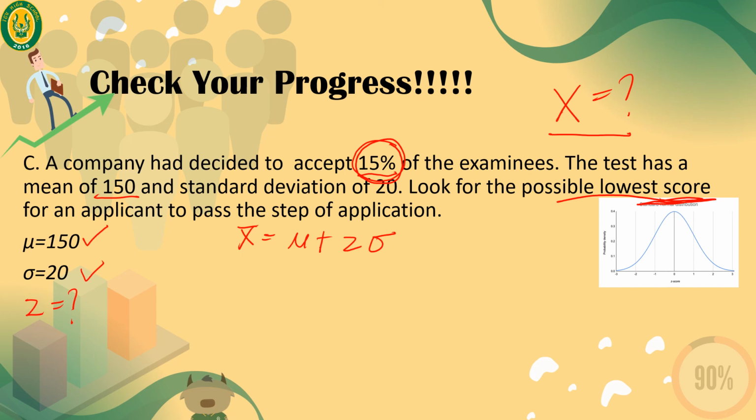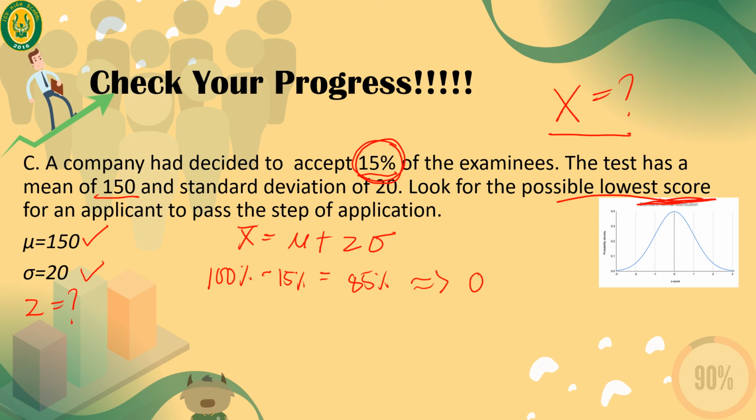So it means to say that out of 100%, they must get about the difference of 15% and 100%, that is 85%. Okay, so in percent, they must get about this rating. But what is the score that an applicant must get in order to have 85%? So we convert this into decimal.